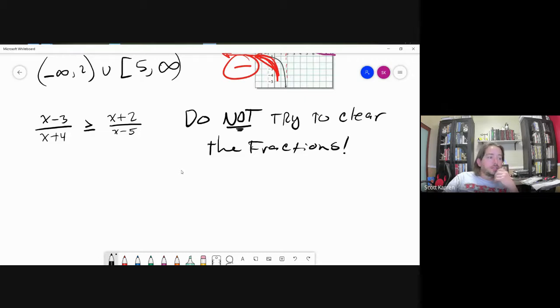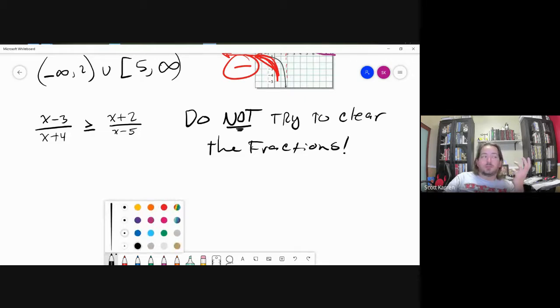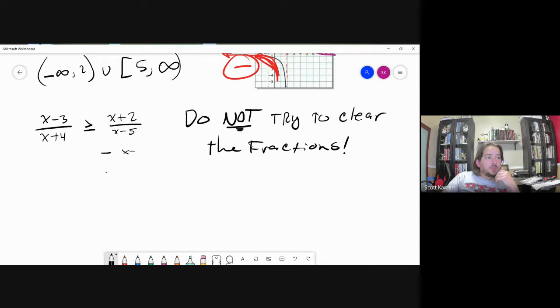What I want to do is the addition principle is free, right? So I'm going to subtract this x plus 2 over x minus 5 over to the other side. And be careful with this, because I'm subtracting the entire term, right?